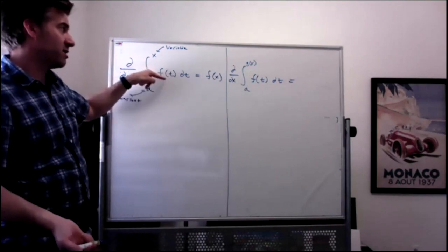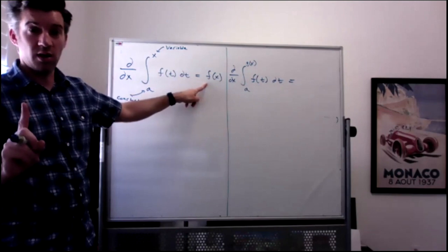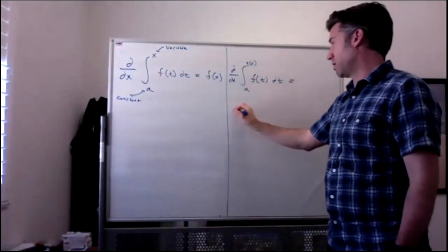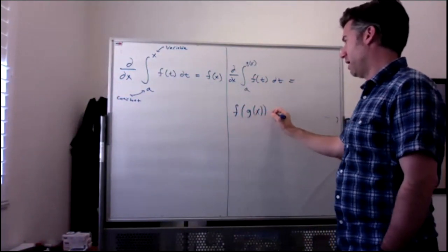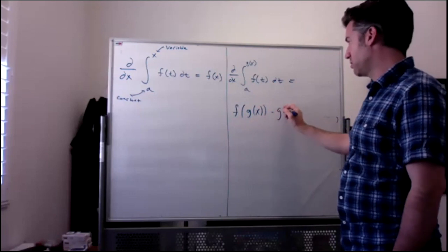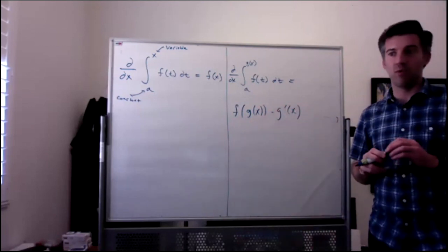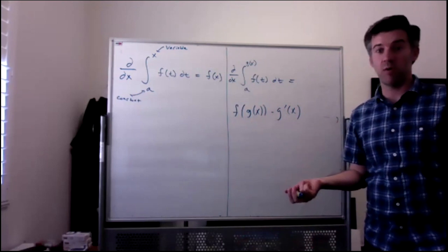I plugged in x, I got f of x, and then I multiplied by the derivative of x, which is 1. I'm going to do the same thing here. I'm going to plug in g of x. So I'm going to get f of g of x times the derivative of g of x, which is g prime of x. That's how the more general or chain rule version of the fundamental theorem of calculus part 1 actually works.